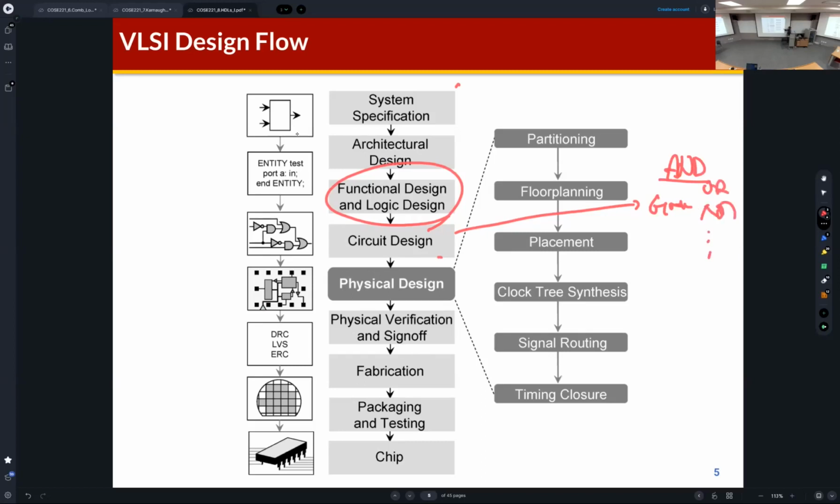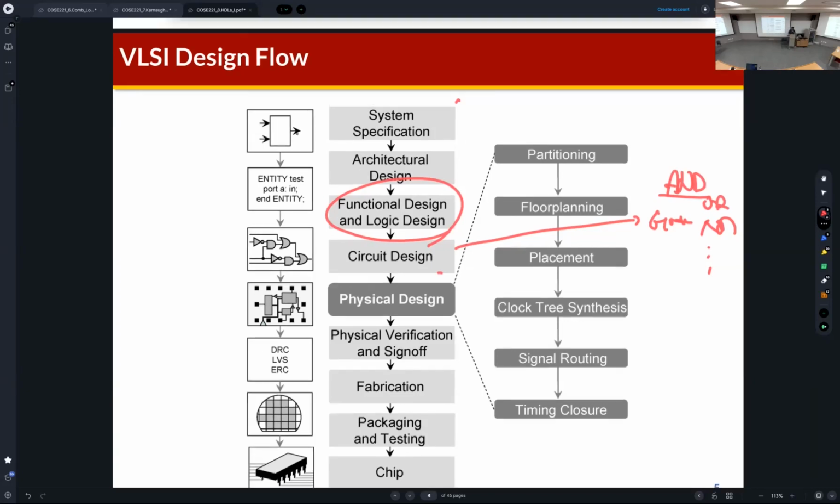We can implement a digital circuit using basic gates. From the logic design, the gates are generated, and each gate is connected to each other. Then you can generate some digital circuit.